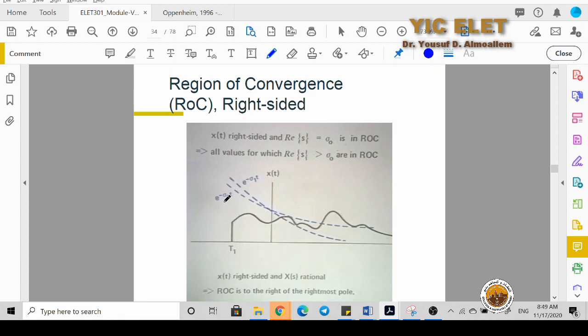And you can see that even if you give different types of exponential, whenever you exceed this value, you will be able to converge the function. The more you increase it to the right, the faster it will decay, and then you will be able to find the convergence.